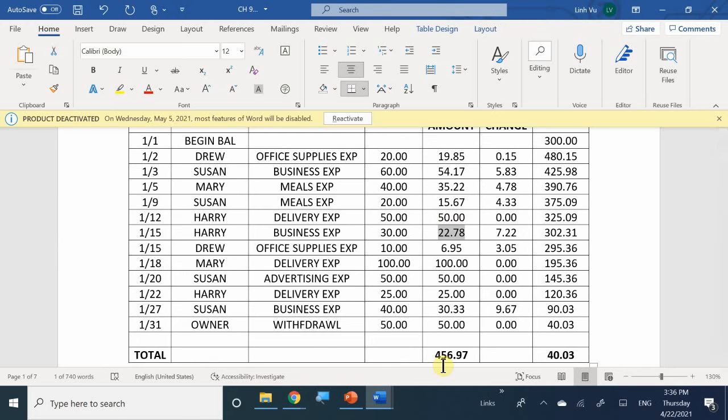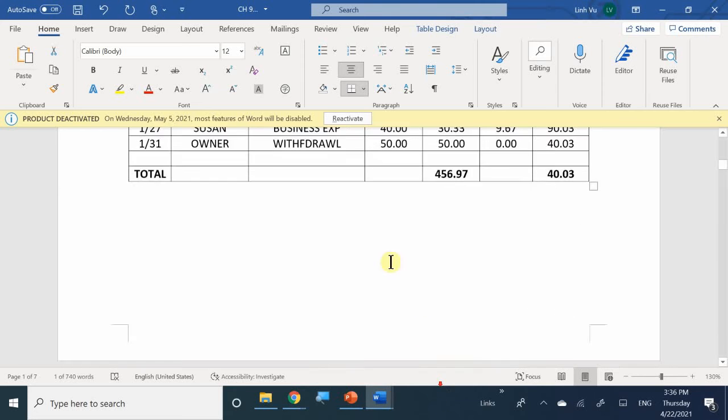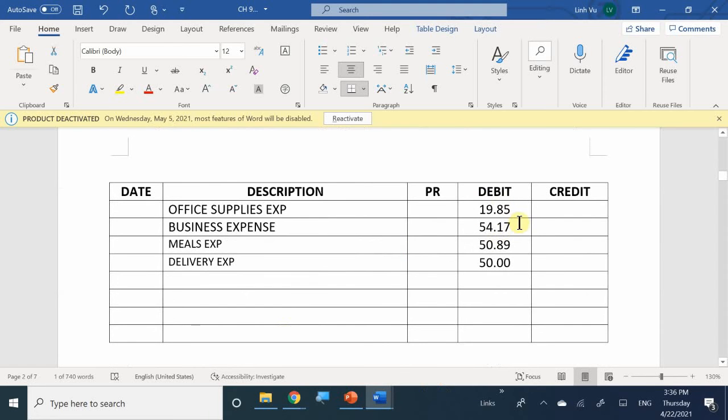So we're going to add the first one that we had plus the 22.78, which brings our current total up to 76.95. Yes, 76.95 for business expense. Okay.